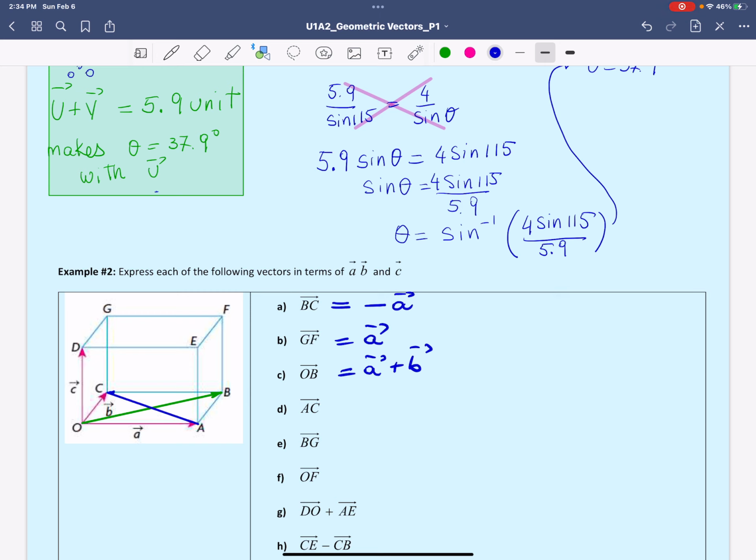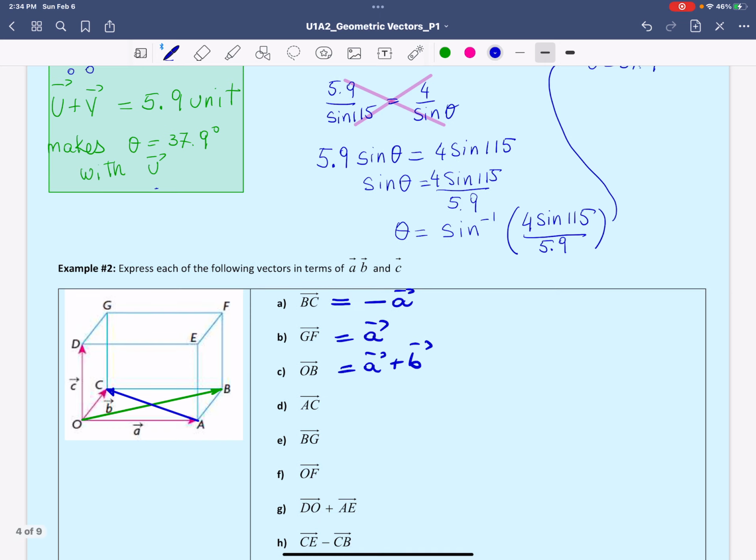So this is vector AC, and we can look at vector AC as the sum of two vectors, vector AB and BC. Now remember that vector AB is B and vector BC is negative A. So we're going to say that vector AC is the sum of vector B with negative A. In other words, this will be the vector B minus A.